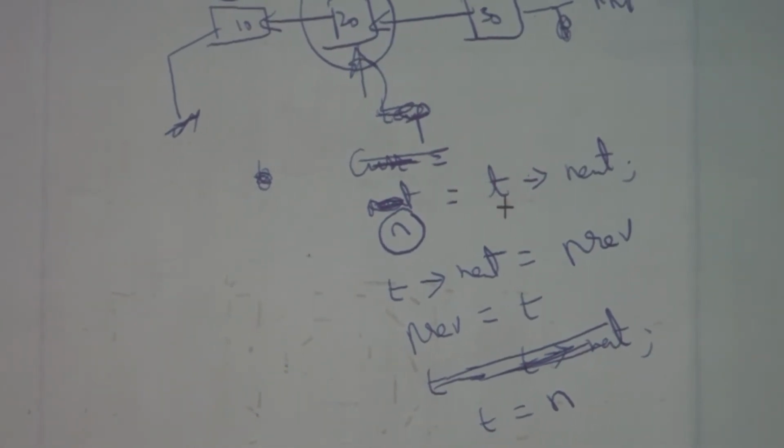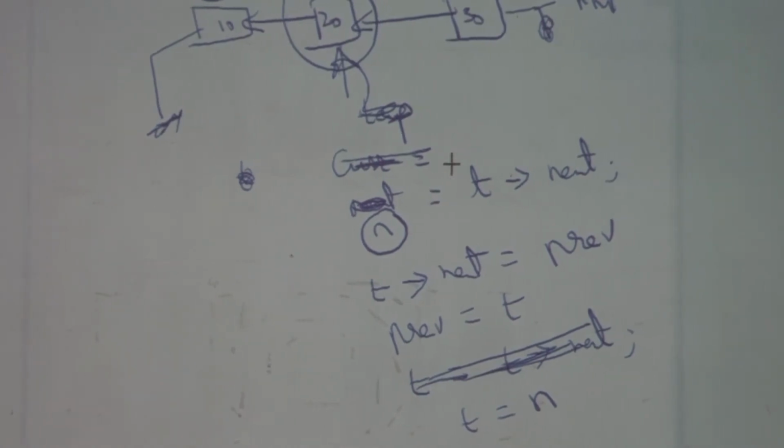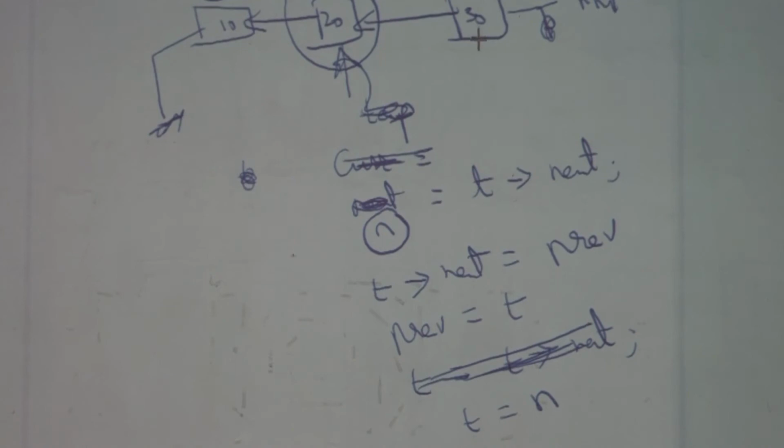Okay, just watch. I am preserving the next pointer in N. You can think of it as a placeholder. So the pointer to this guy I am preserving, because I have to update it accordingly.